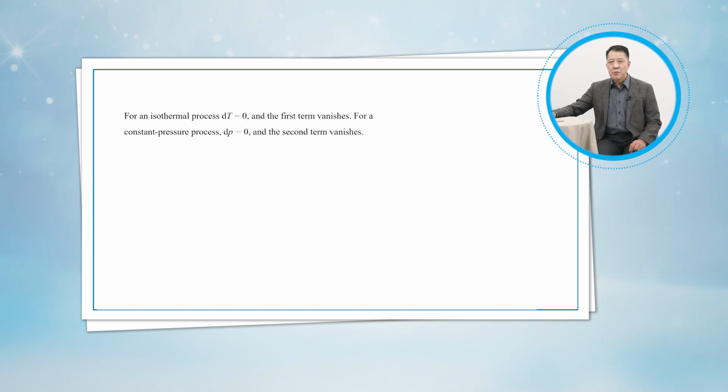For an isothermal process, dT equals 0 and the first term vanishes. For a constant pressure process, dP equals 0 and the second term vanishes.